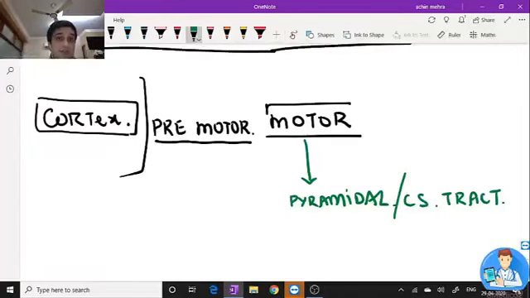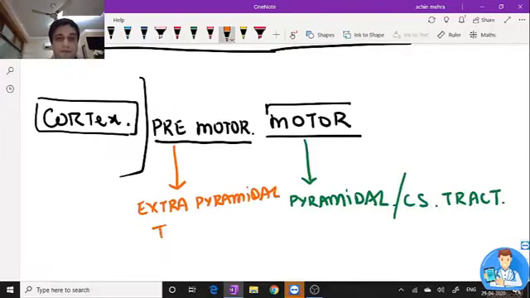Now the premotor area is also giving rise to a particular tract which is known as the extrapyramidal tract. So there are two tracts with me. One is the pyramidal, one is the extrapyramidal tract, which are going to work in conjugation with each other and help me to move the body. Okay. Now the point here is, what is this extrapyramidal tract going to do?